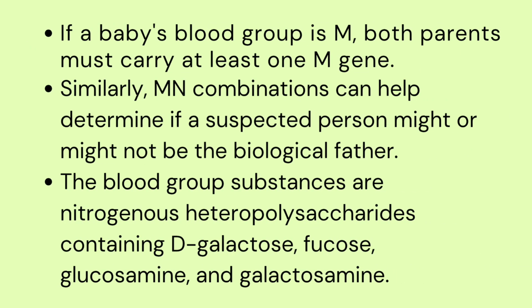If a baby's blood group is M, both parents must carry at least 1 M gene. Similarly, MN combinations can help determine if a suspected person might or might not be the biological father. The blood group substances are nitrogenous heteropolysaccharides containing D-galactose, fucose, glucosamine, and galactosamine.